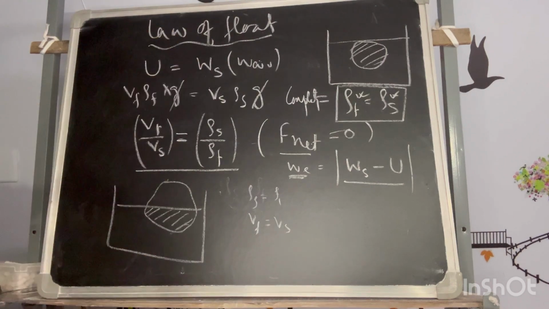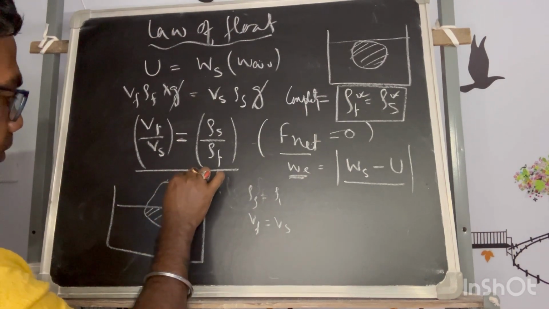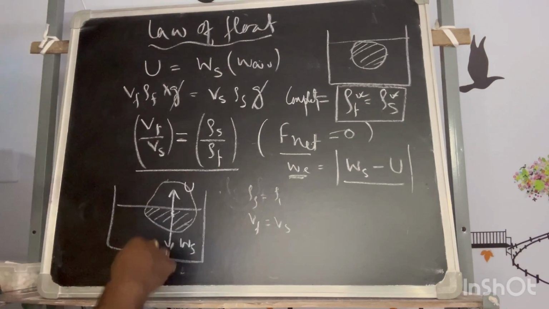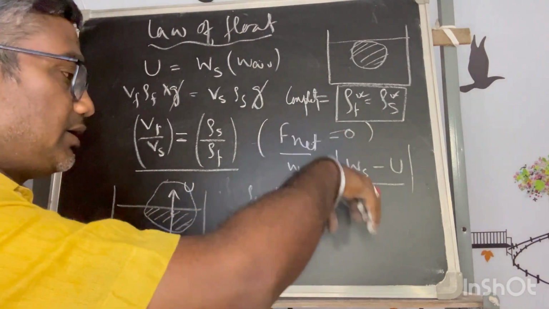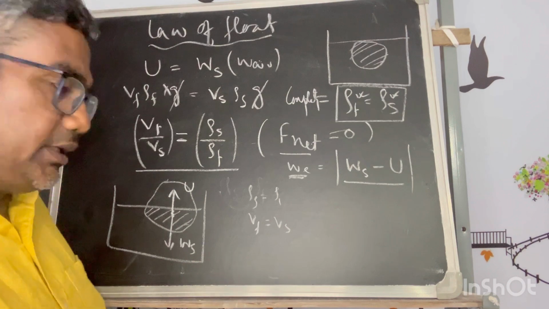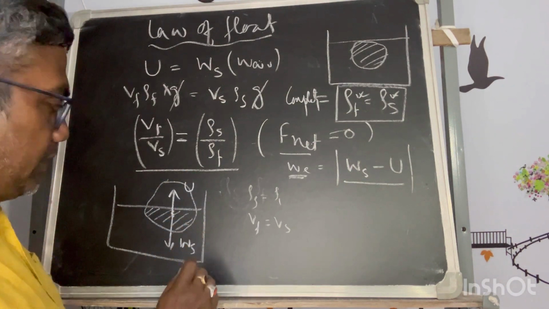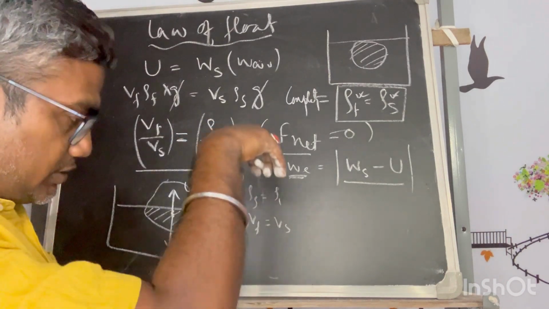But the law of flotation is that if the buoyant force and the weight of the body balance each other, then in any condition, if you dip it, it will be in a steady condition. Otherwise, if any imbalance is there, it will come up or sink down.